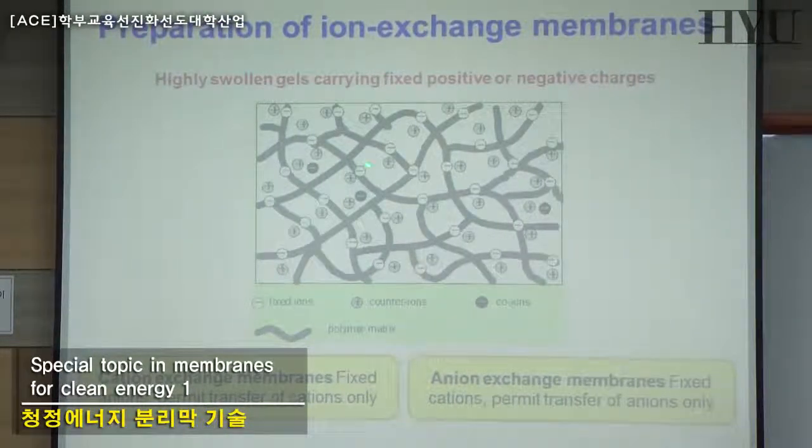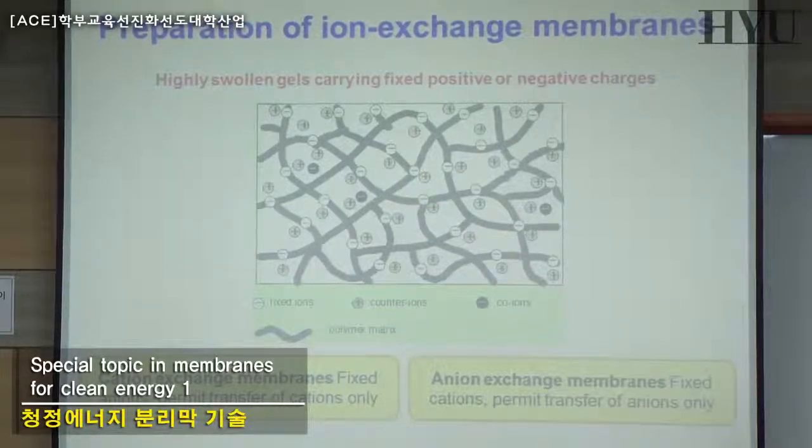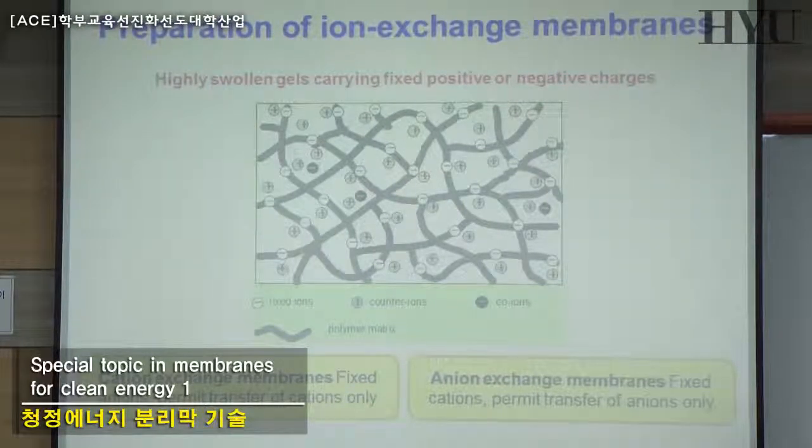Now, in this picture, we have a fixed ion, such as sulfonic acid, and the interaction is with a positively charged mobile ion, so that the cation will be exchanged, moved from one side to the other.